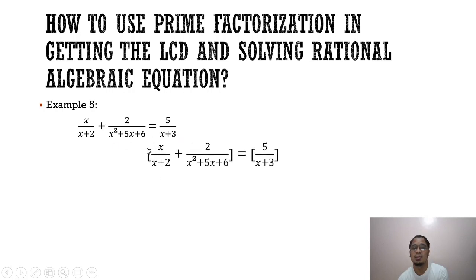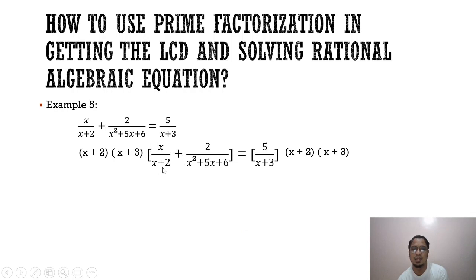What we did, ayan, nilagyan ulit natin ng bracket. And then, yung LCD natin na nakuha, i-multiply natin dyan. Itong kabuuan na to, multiply dito sa loob ng bracket. In like manner, ito, i-multiply din dito sa loob ng bracket. Sir, may plus. Kagaya po nung ginawa natin, huwag nyo munang pansinin itong pangalawang term na to.